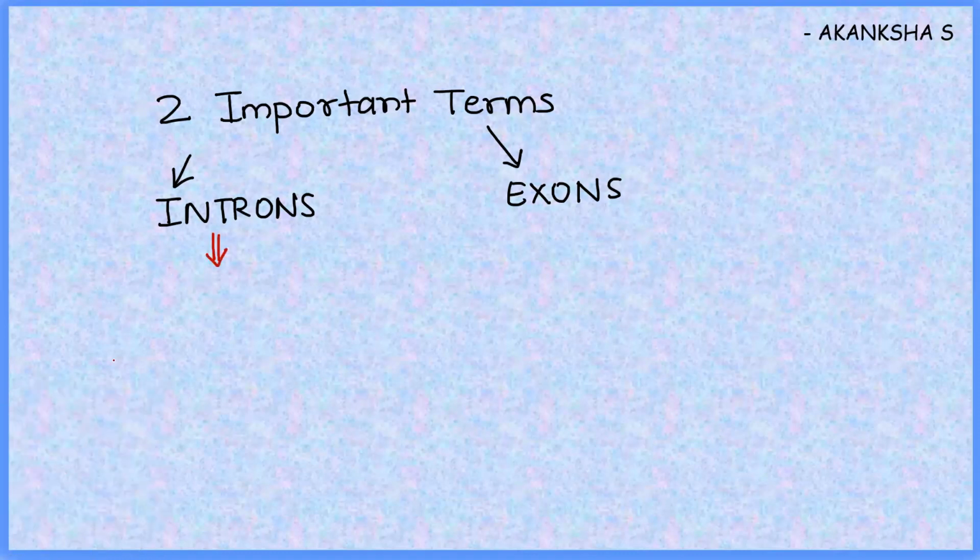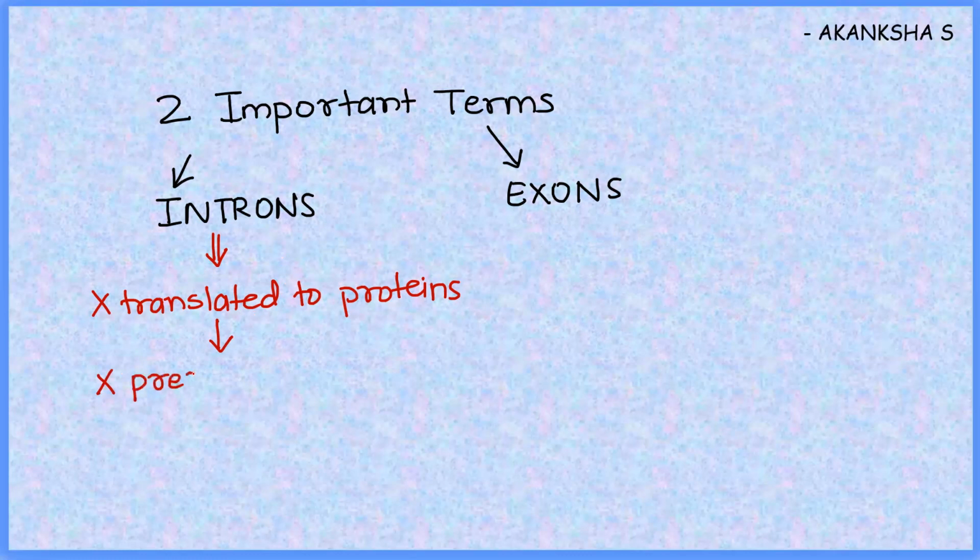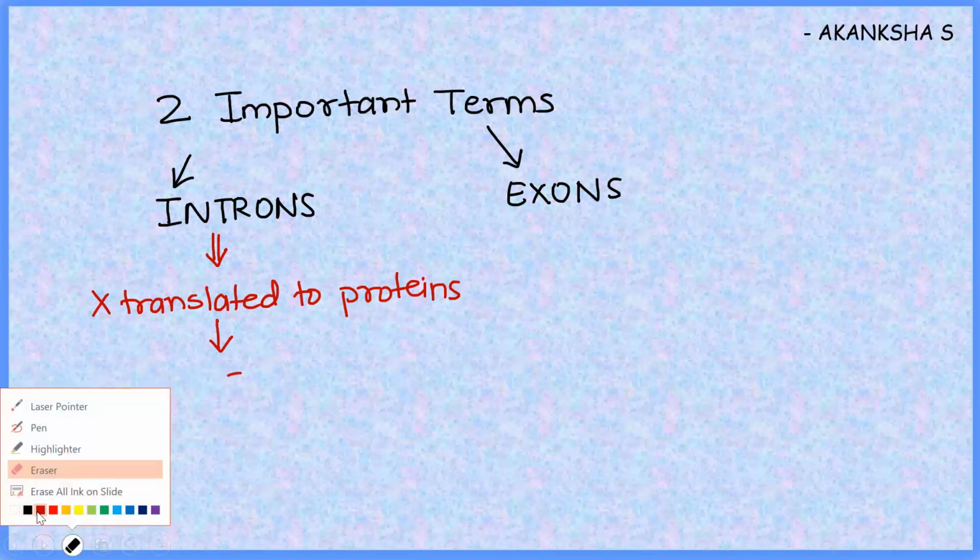Introns are that part of the RNA which do not get translated to proteins. They are just present in the RNA to increase the girth, I feel. Also another thing you need to remember is they are not present. You can even write this as absent, otherwise you might get confused.